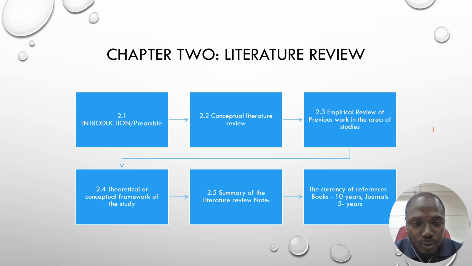If you put 2.0 here, then this one will now be 2.4 instead of 2.5. So the chapter has an introduction, conceptual review, empirical review, theoretical review, and then a summary of the literature.